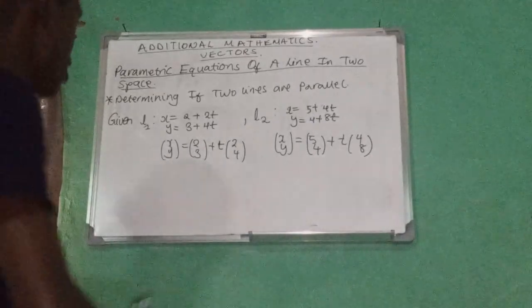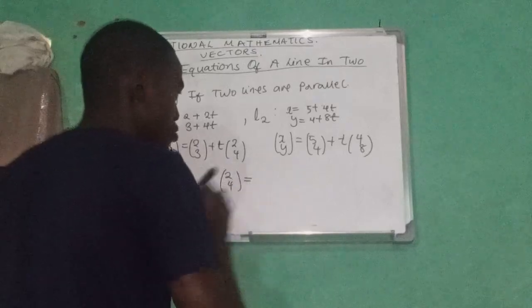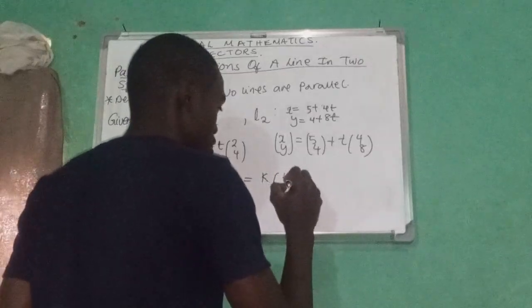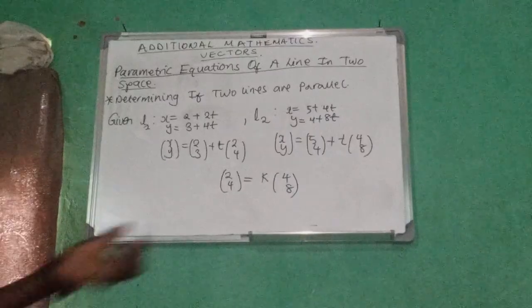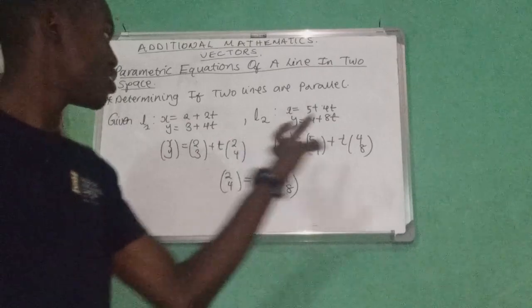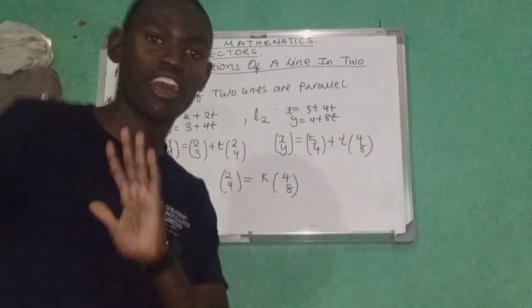So we'll say (2, 4) is equal to k(4, 8), like that. What have I done? I've just got the direction vector here, (2, 4), and the direction vector here, (4, 8), and I have equated them.